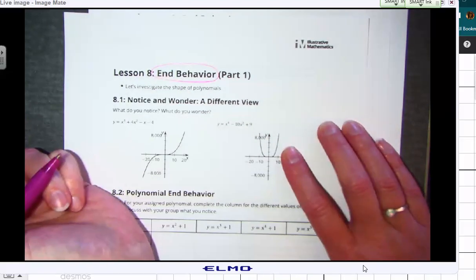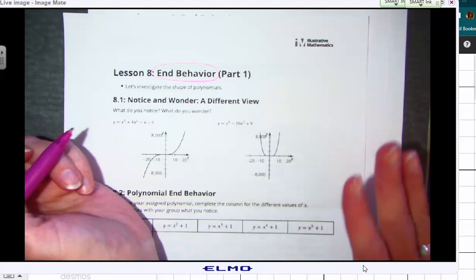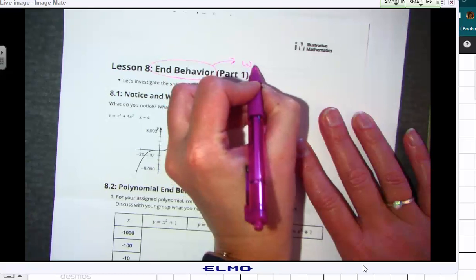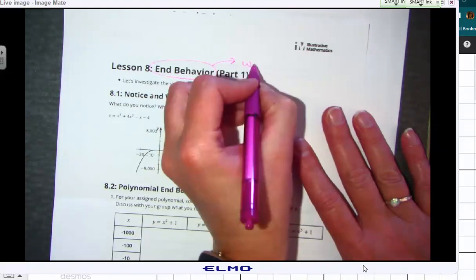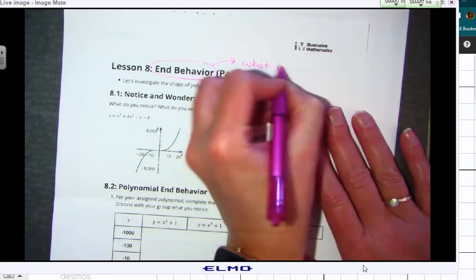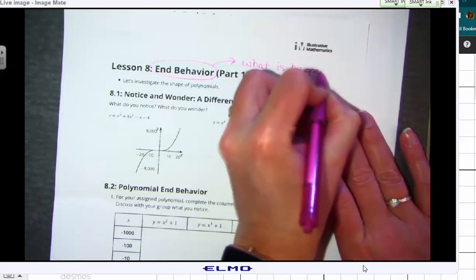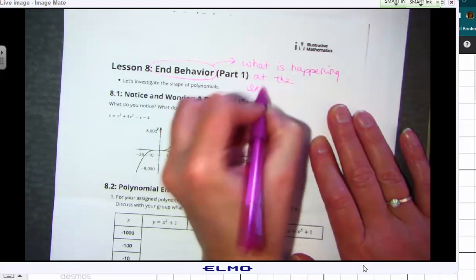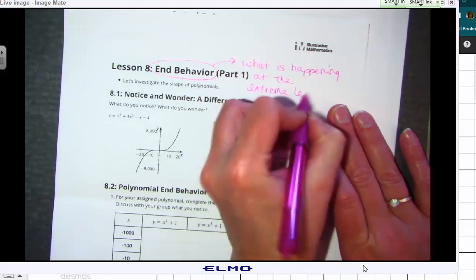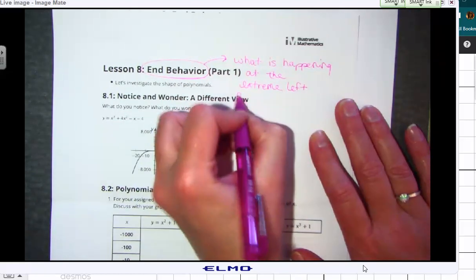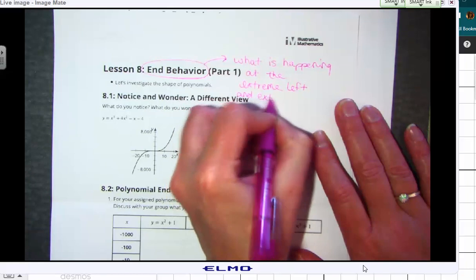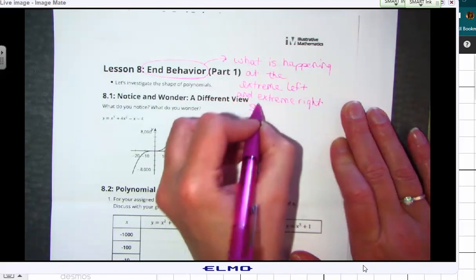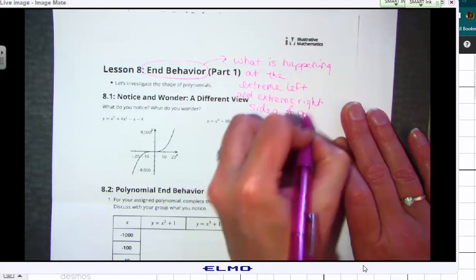So end behavior, when we define what end behavior even is, end behavior is what is happening at the extreme left side and the extreme right side of the graph.